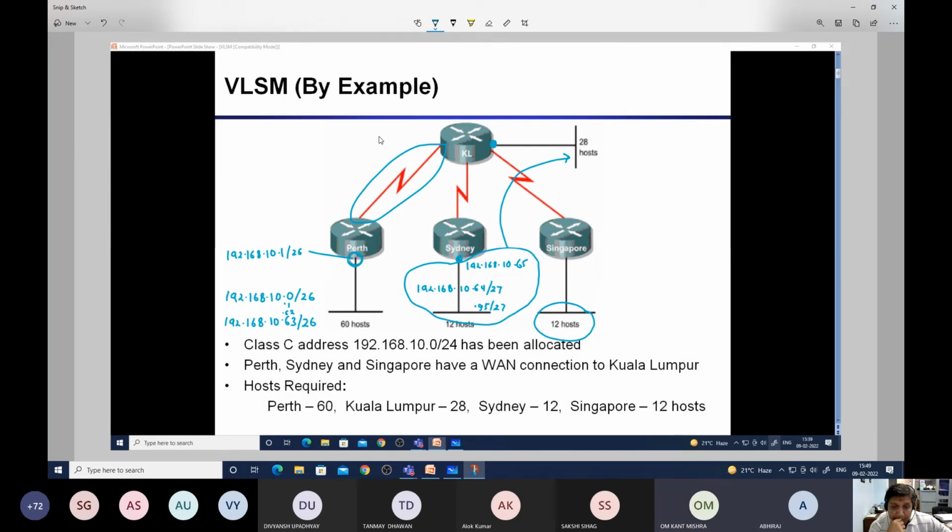Because you need 2 for the network and broadcast, and obviously you require 2 bits, because if you take 1 bit, it will be 0 and 1. 1 will be network ID, other will be broadcast ID. So you require 2 bits: 00, 01, 10, 11. So 00 will be the network ID, 11 will be the broadcast ID, and these 2 will be assigned to the interfaces.